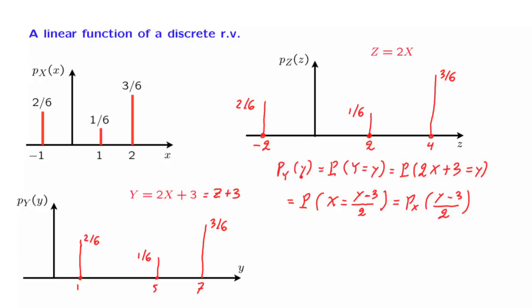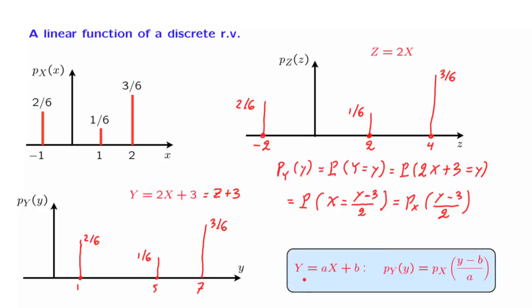Now we can generalize the calculation that we just did, and more generally, if we have a linear function of a discrete random variable x, the PMF of the random variable y is given by this formula in terms of the PMF of the random variable x. The derivation is the same. We use b instead of the specific number 3, and we have a general constant a instead of the 2 that we had in this example.